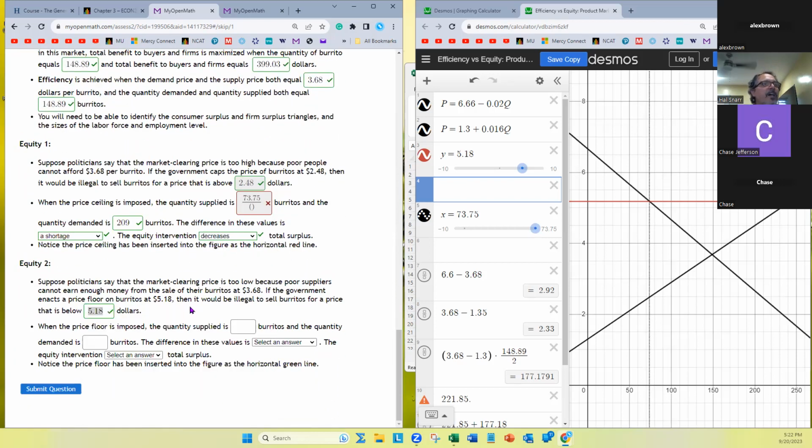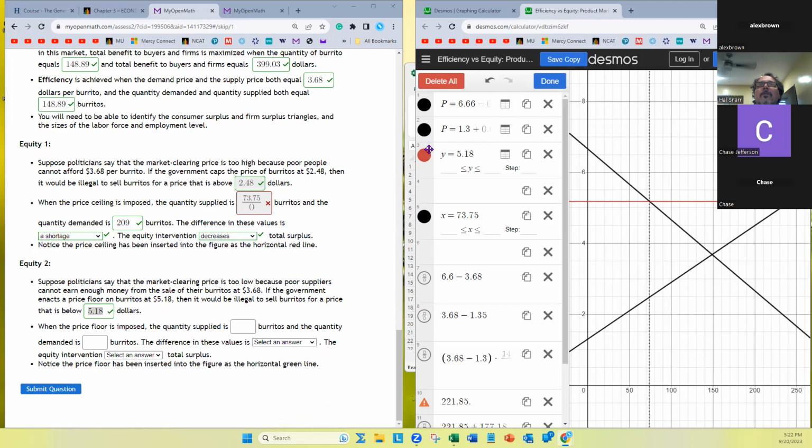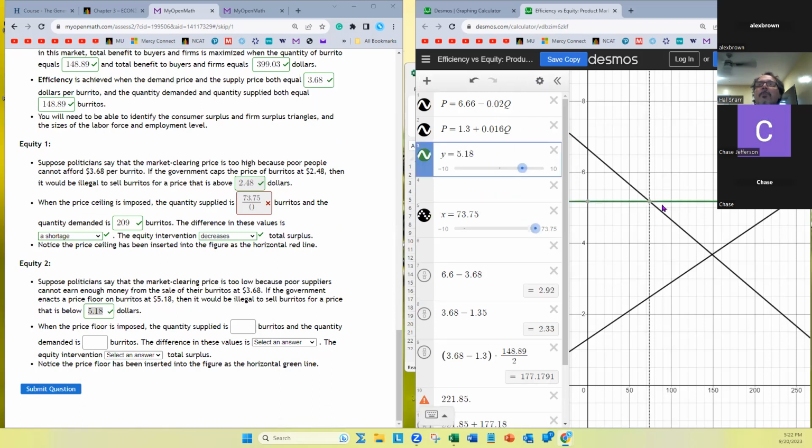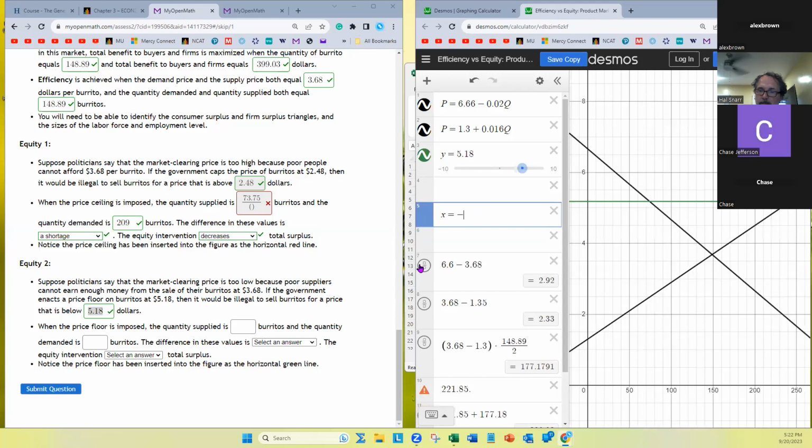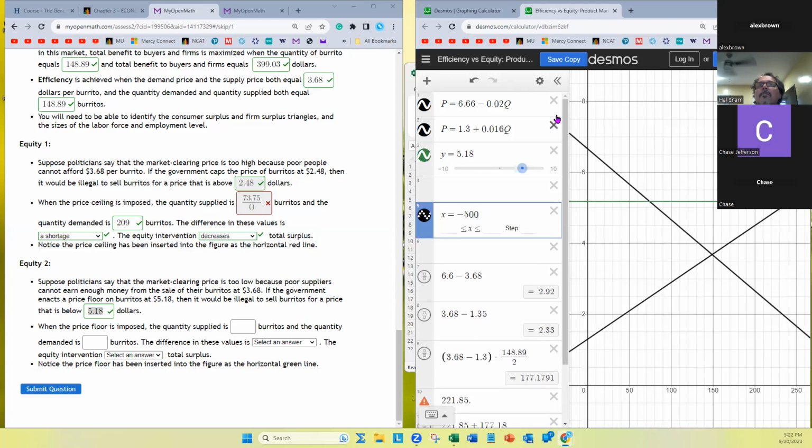So what is the effect of this? When the price floor is imposed, what happened? I'll change this to green. Okay, so when the price floor is imposed, let me make this minus 500 again. When the price floor is imposed, what's my quantity supplied?